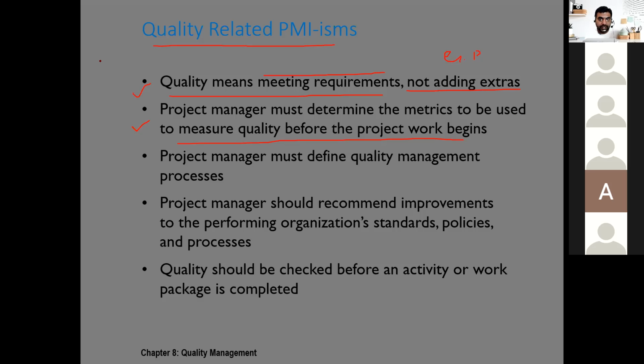His responsibility also includes determining the right metrics that could be used to measure quality on the project. Those metrics are very much specific to the type of project, the nature of the project, the type of industry, and so on and so forth. But a few examples could be the number of bugs produced, and the number of defects in the deliverables.